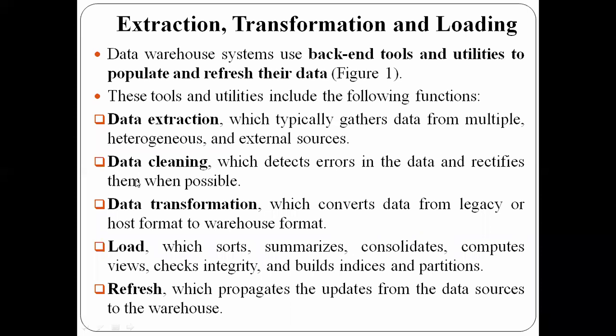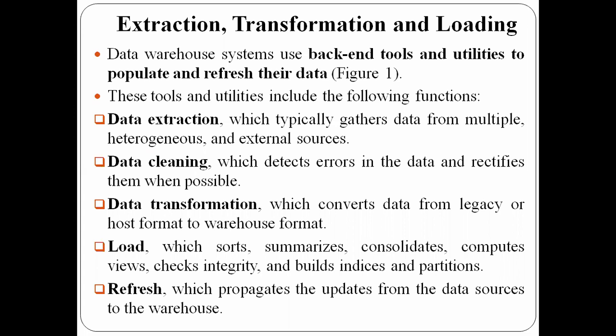The second operation is data cleaning. Whenever you have data, there will be many errors and anomalies present. Sometimes you will have missing values, so I need to remove those, and there will also be anomalies present in the data.